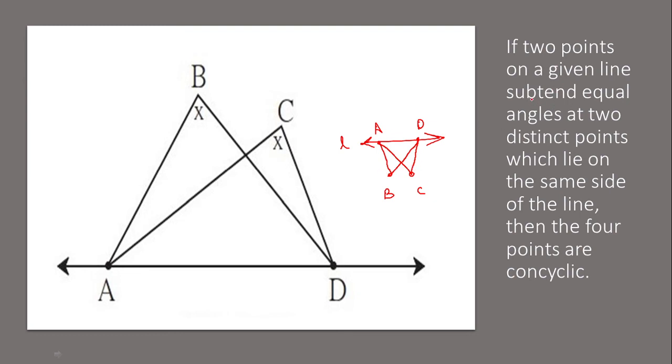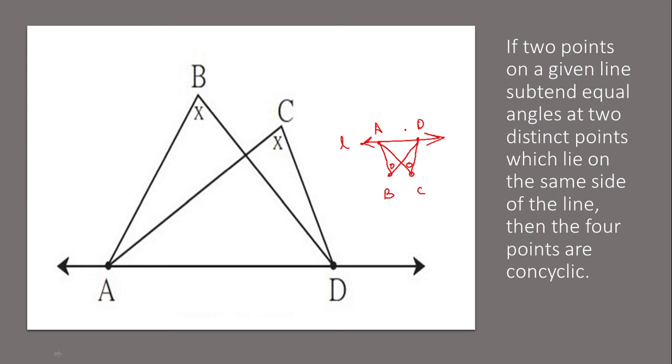So if 2 points on a given line subtend equal angles at two distinct points, that is, if these two angles are equal, then the 4 points are concyclic. Then you can say the 4 points A, B, C, D are concyclic, that is, they lie on the same circle.